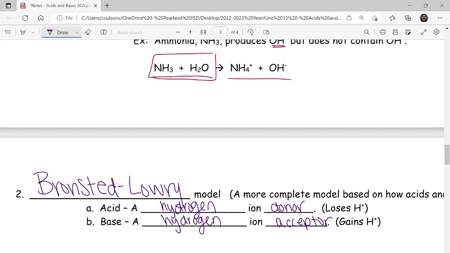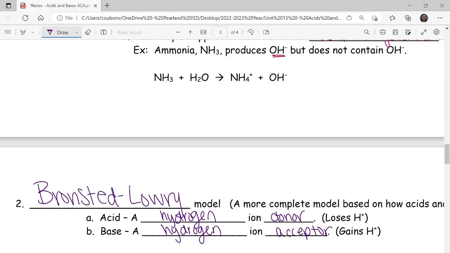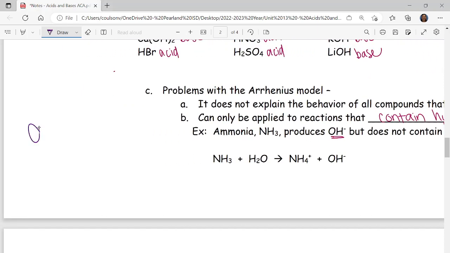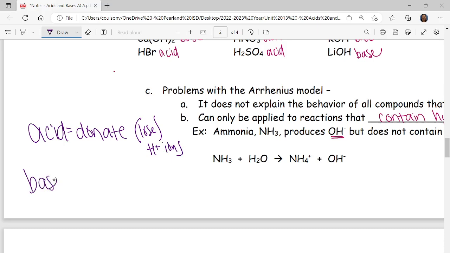All right, so for example, if I were to look at this equation up here on the previous page, so if you want to flip back real quick, actually. If I look at this, an acid is going to donate, meaning lose, hydrogen ions, and a base is going to accept, which is gain, hydrogen ions.